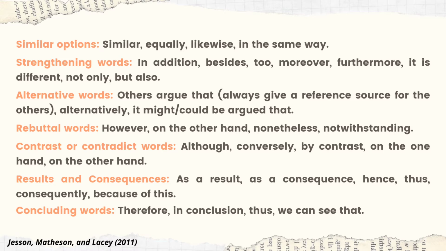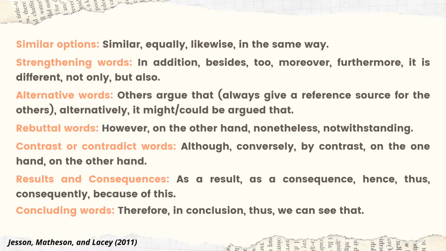For alternative words or words that argue against something, you can use others argue that, then give a reference source for the others. Alternatively, and it might or it could be argued that. For rebuttal words, you can use however, on the other hand, nonetheless, and notwithstanding.